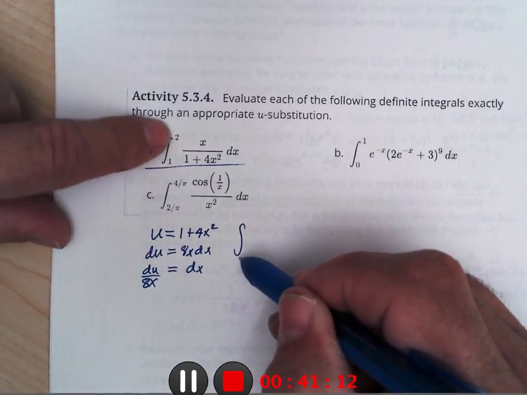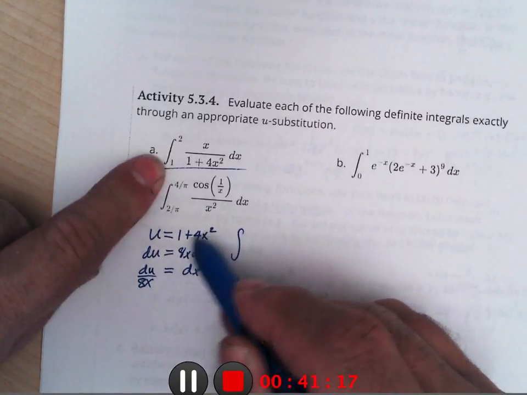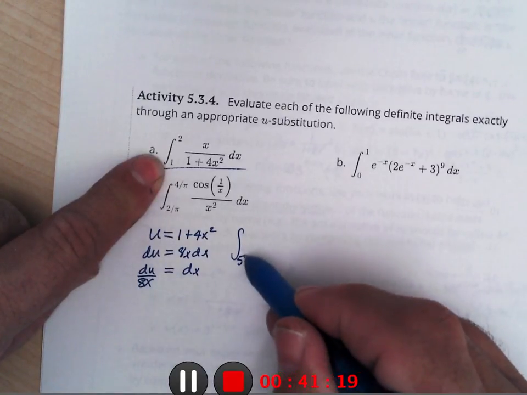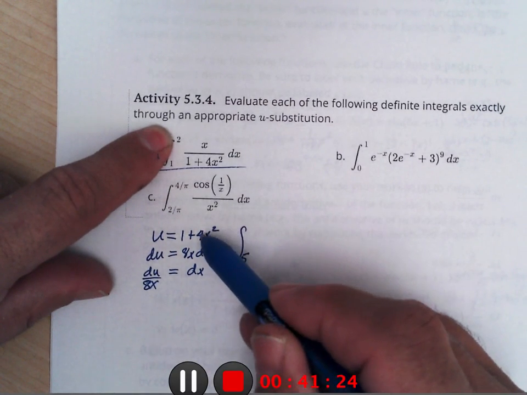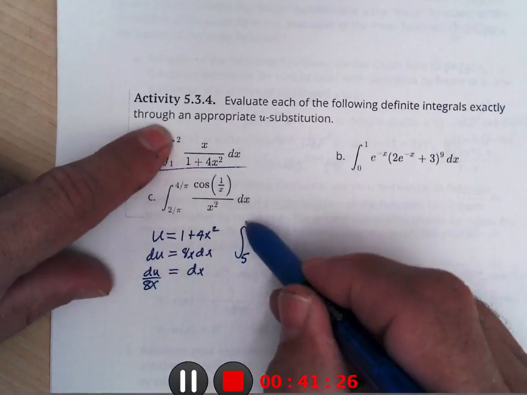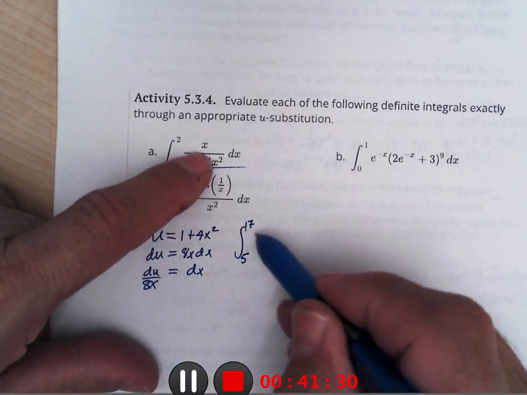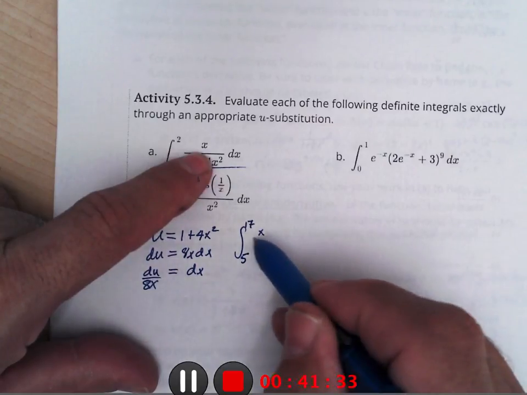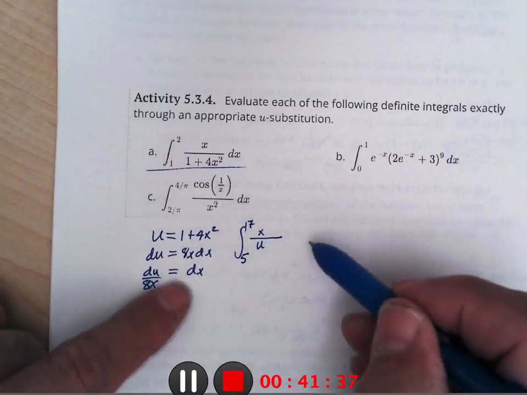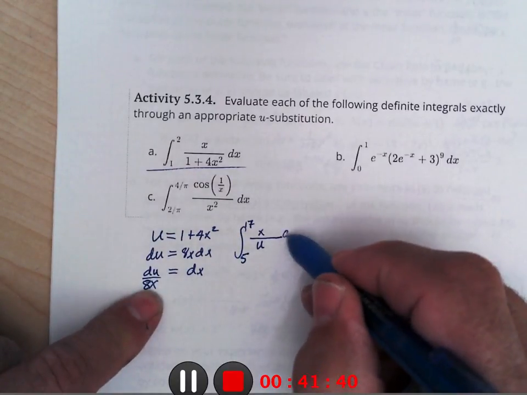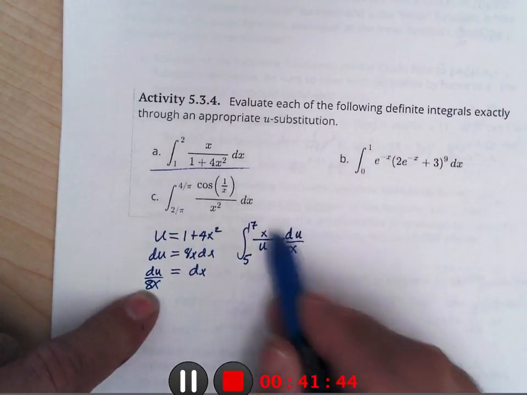It's going to be 1 squared, 1 times 4 is 4 plus 1, 5, to 2 squared is 4 times 4 is 16 plus 1 is 17, of x, which I know is going to cancel, that's why I'm not worried about it, over u, du over 8x. The x's are gone, so now I'm okay.